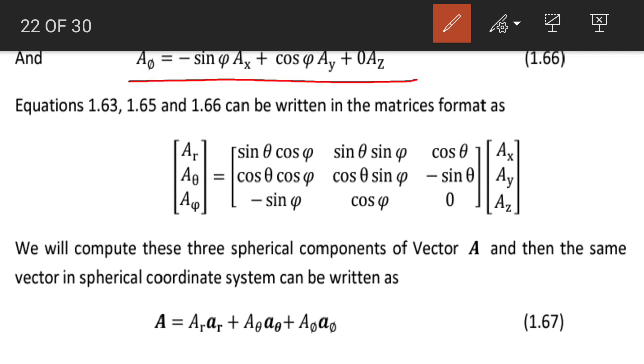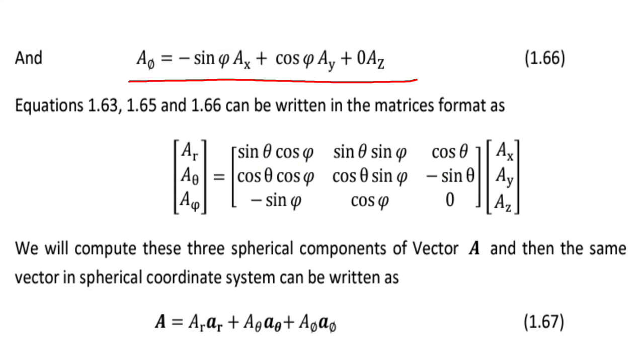We derived this equation in the cylindrical coordinate system when we were transforming a vector from the rectangular coordinate system into cylindrical coordinate system. So we have already discussed this equation number 66 in the previous class. So we know that A phi is equal to minus sin phi AX plus cos phi AY plus 0 AZ.